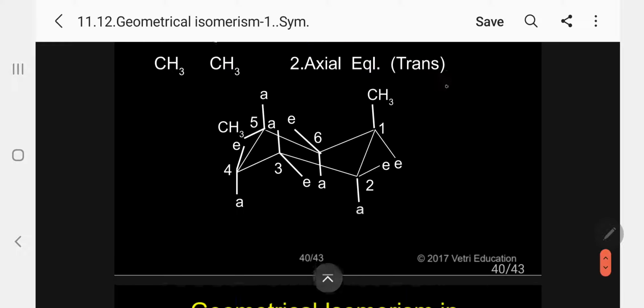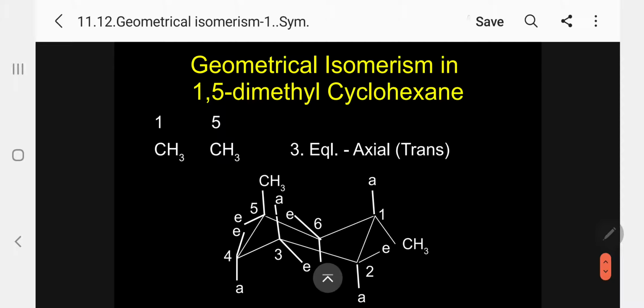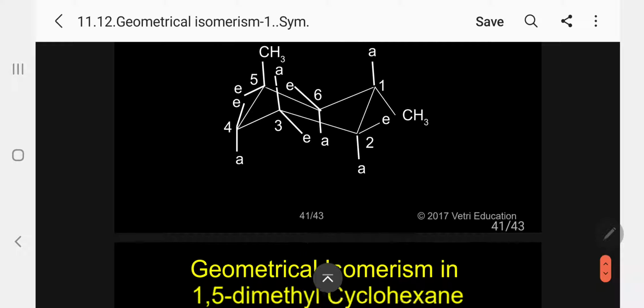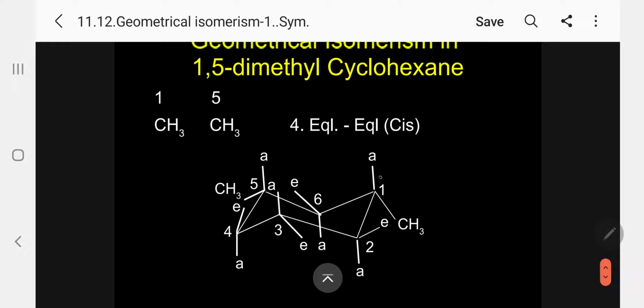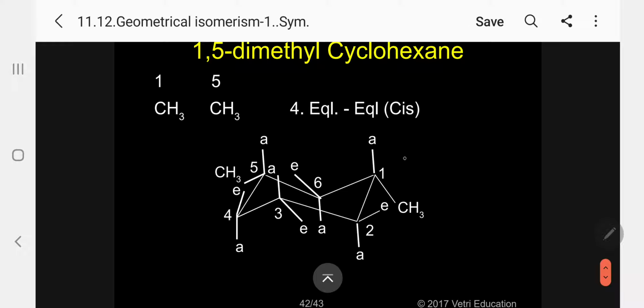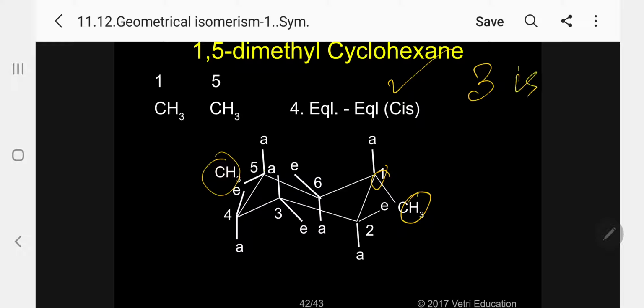Now third case, kindly follow. 1 is equatorial and 5 is axial, opposite, trans. So the second and third are identical. Trans isomers are identical. So at least 1 isomer is possible. And lastly, equatorial: 1 equatorial methyl group and 5 equatorial below, moving below, it is cis.